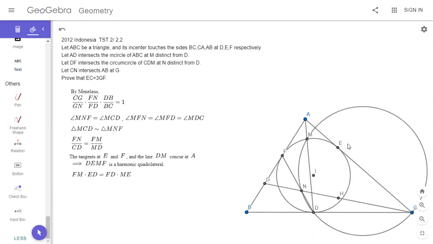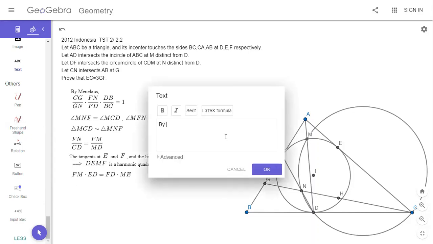So by Ptolemy, I'll bet this is a pretty long solution, but it still tells you a lot. I kind of like it.